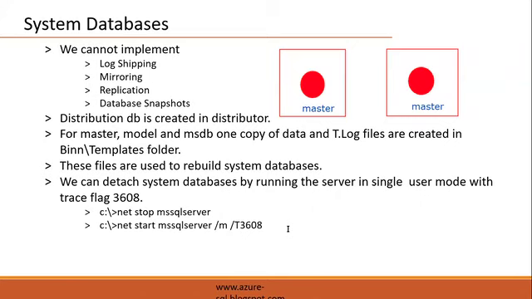Tomorrow in the interview they may ask: I am configuring replication on the master database and it is throwing an error. Tell me the error number, he's saying. What is the answer?